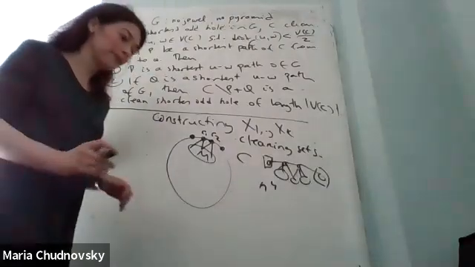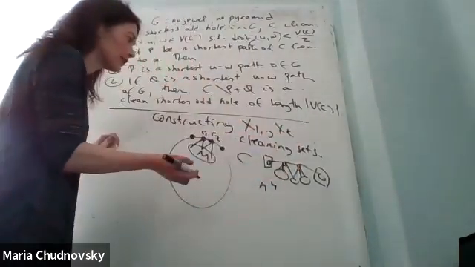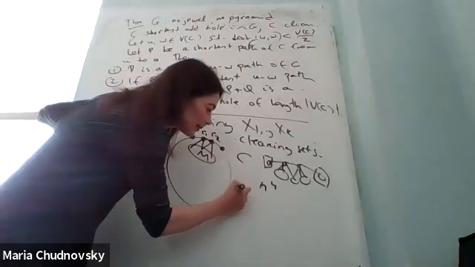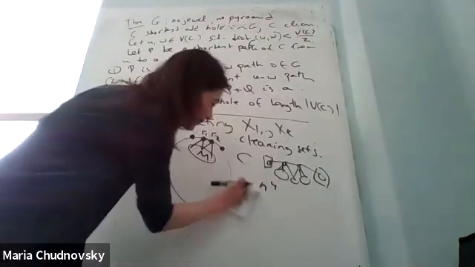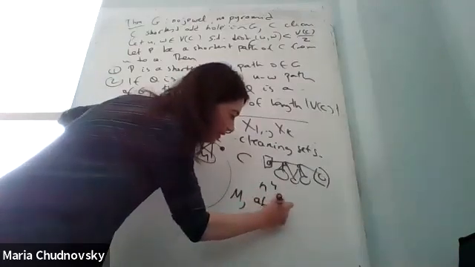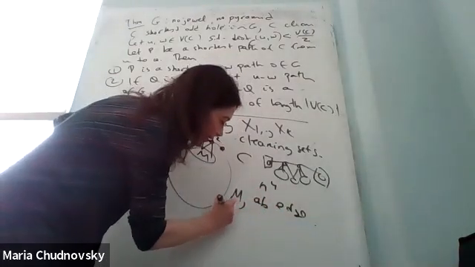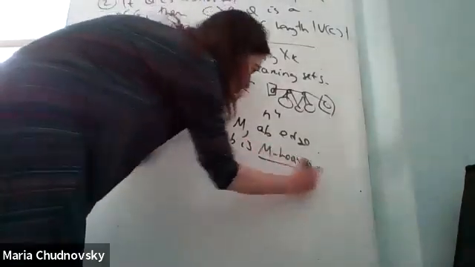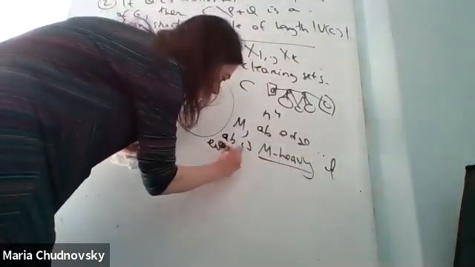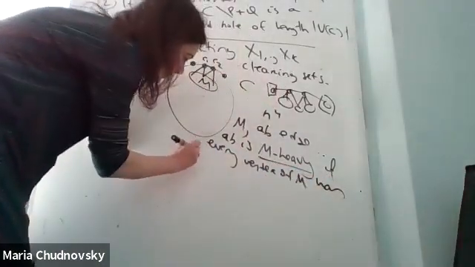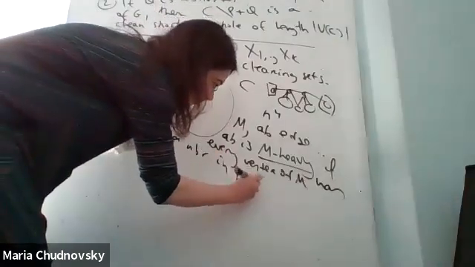And what is true is the following. I'm going to call this edge M heavy. I have a set M, and I have an edge AB, and I say AB is M heavy if every vertex of M has a neighbor in AB.